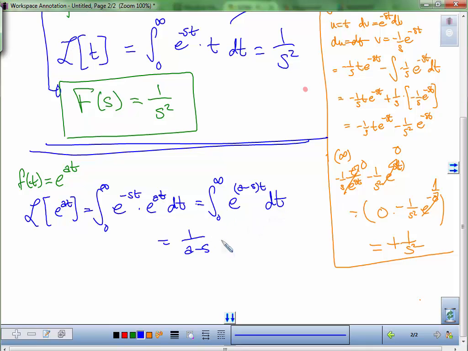Well, okay, the a minus s t, and we have to go from 0 to infinity. So what if I just say if you go from 0 to infinity, everything else is going to disappear, and then that's all you have left. So that is your transformation for e to the at.